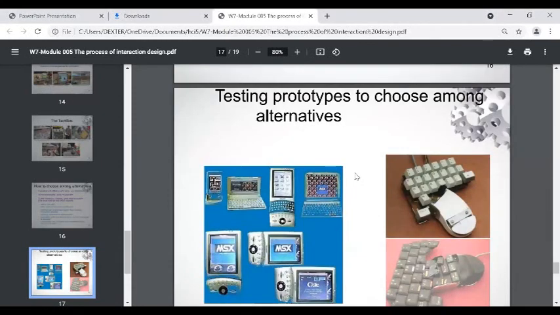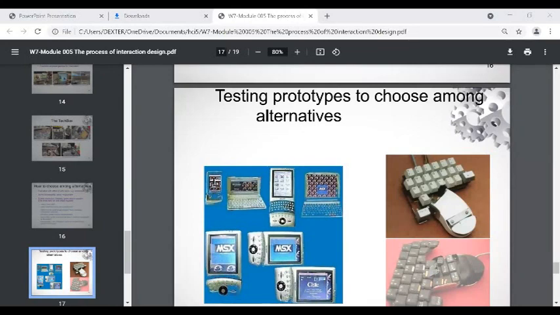Testing prototypes to choose among alternatives. Prototyping is often used to overcome potential client misunderstanding and to test the technical feasibility of a suggested design before it is in production.